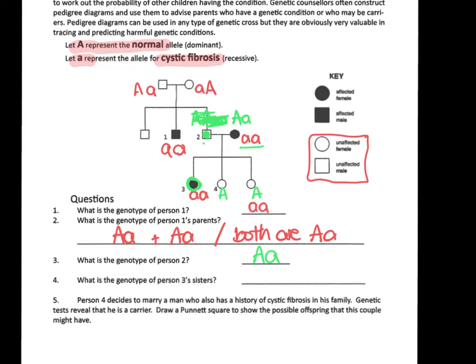Their mother had cystic fibrosis, and so she has to pass on a little a to each of them. So the sisters are both big A, little a, or you could have written that. Okay.